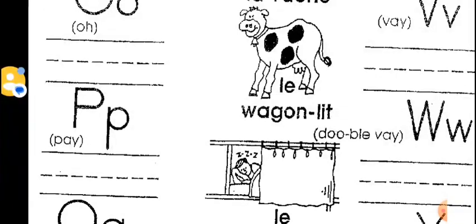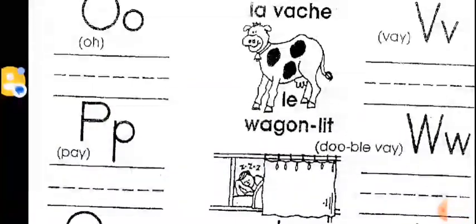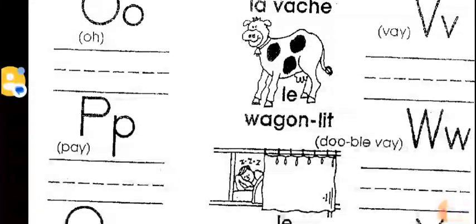That's le wagon-lit. Remember for this word, le wagon, the W is pronounced as V, but when you're spelling, remember it's actually the W sound which is there.